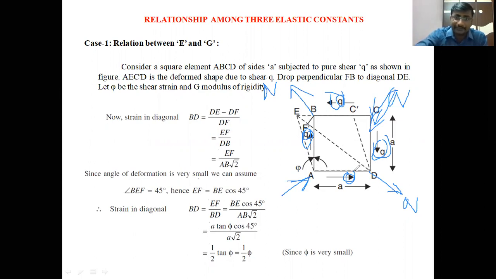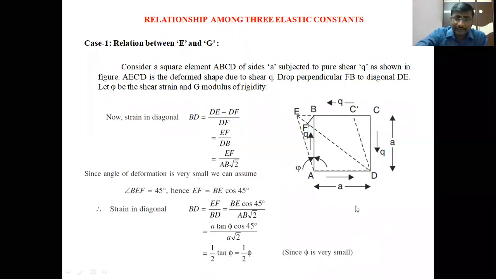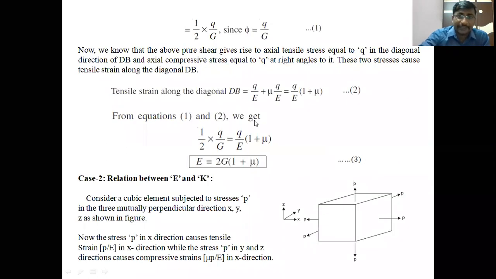At the same time, the force acting on the diagonal BD also extends the diagonal BD. Clear, students? Diagonal BD is extended by two reasons. The tensile force acting on the diagonal BD, and the compressive force acting on the diagonal AC. Due to these two forces, the diagonal BD will be extended.